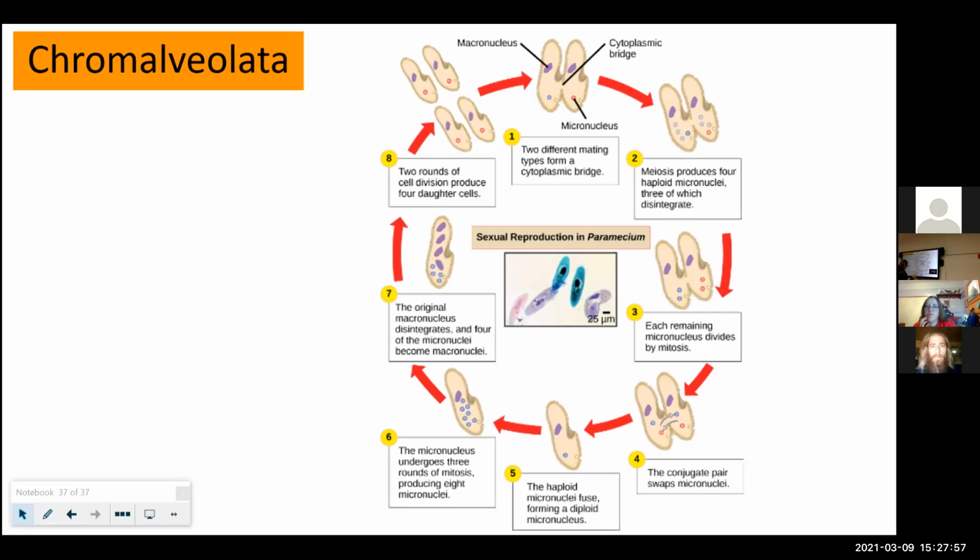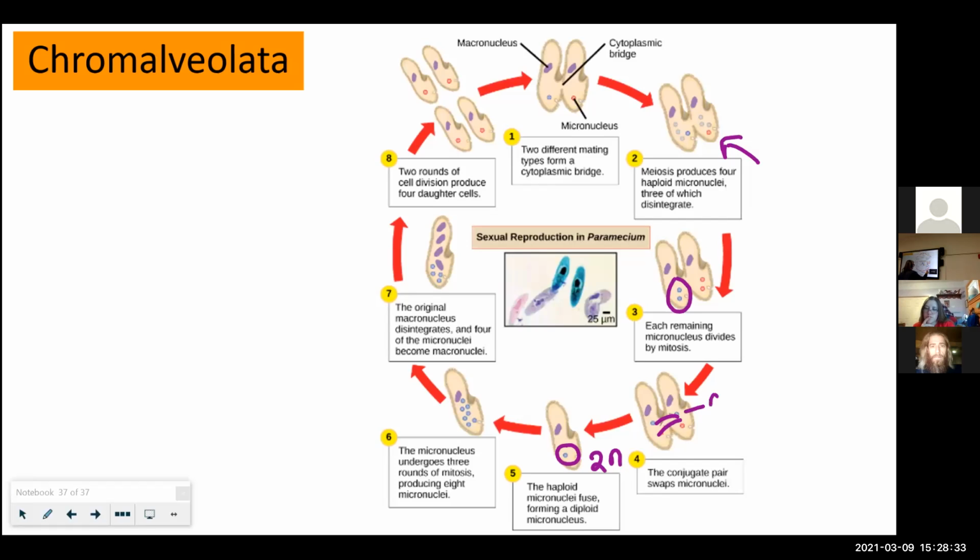So let's see. Where do you start here? Well, I guess it would make sense to start with number 1. It's pretty much what I just showed you. Meiosis produces 4 haploid micronuclei, 3 of which disintegrate. You've got 2 remaining. They swap places. Then they fuse into a single diploid micronucleus.